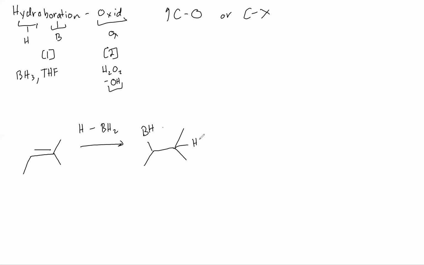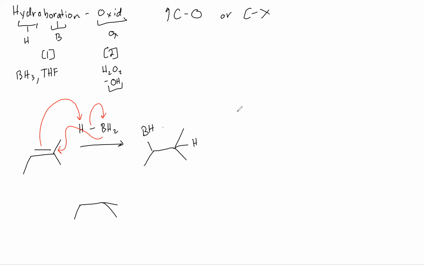To investigate why this happens, we have to look at the transition state. I know you're probably tired of me saying that, but transition states are key. In the transition state, the double bond will act as a nucleophile, the BH2 will also act as a nucleophile, and this bond will break, going onto the BH.